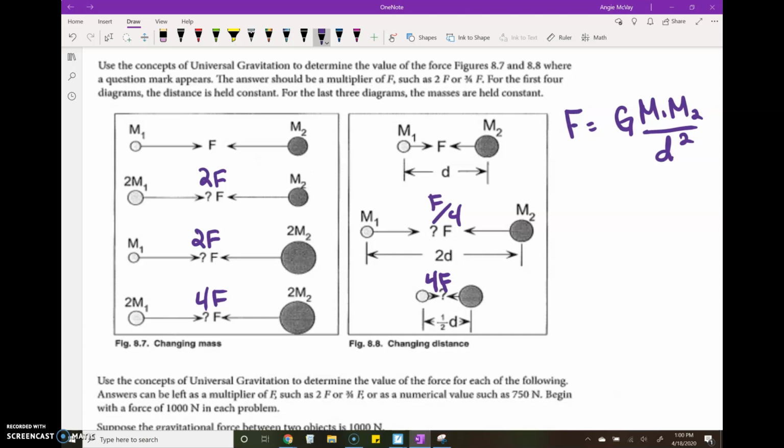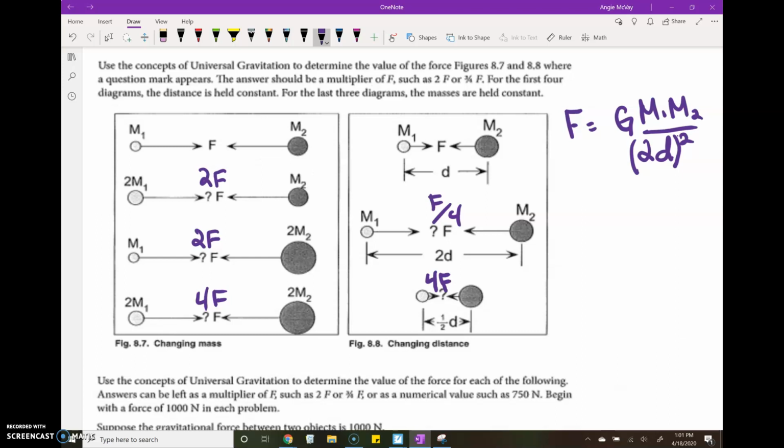So if we take a look at this answer here, what happens if you double the distance that they're separating? A lot of people would say that the force would be halved, right? But the total distance is squared. So if you double that distance, double the distance is squared.